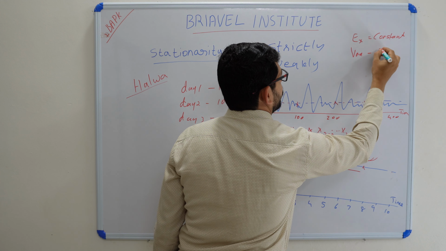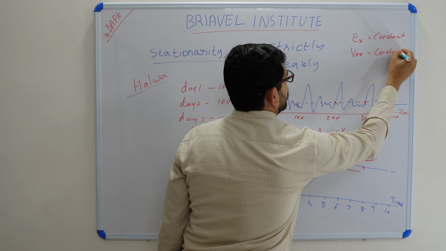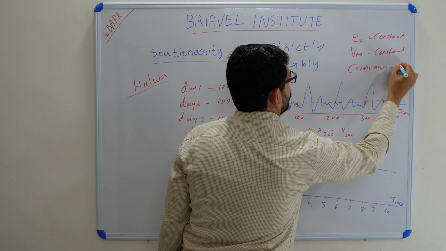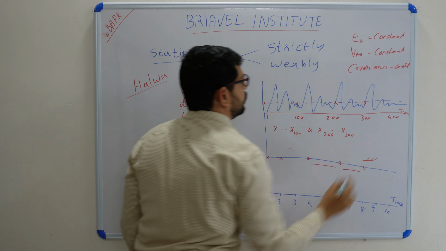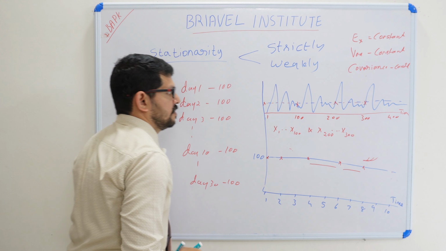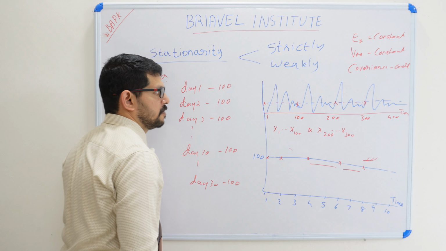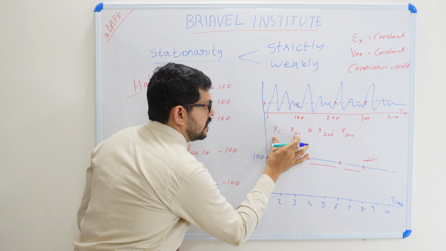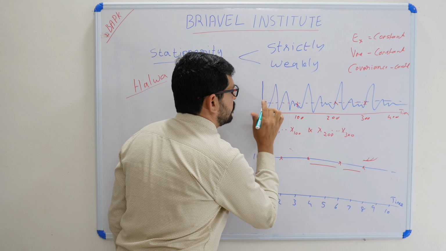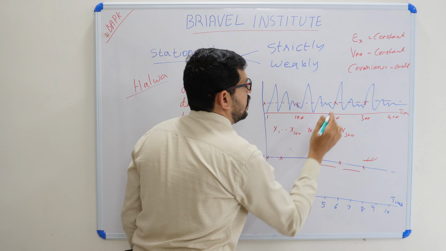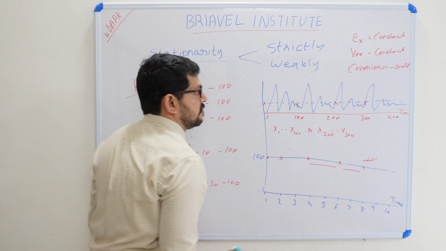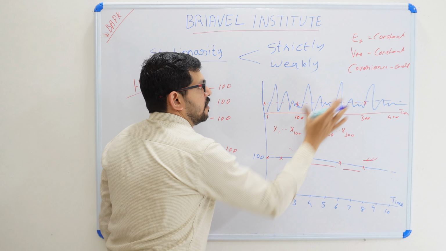Variance of x should be constant. Covariance also constant. So wherever you take the time interval, this is a stochastic process, and we can say it is a white noise process. From h1 to h100 and 200 to 300, we have to compare the expectation of h, variance of h, and covariance of h. This should be the same.